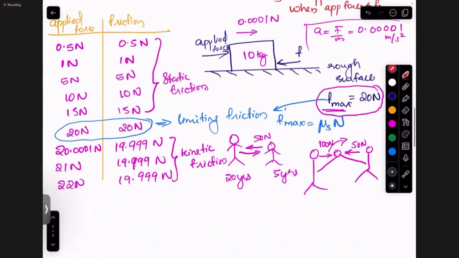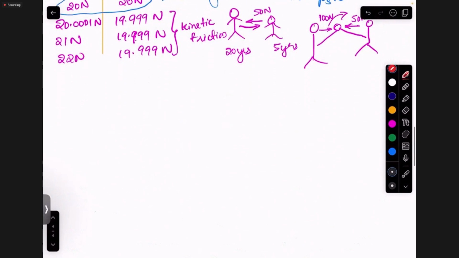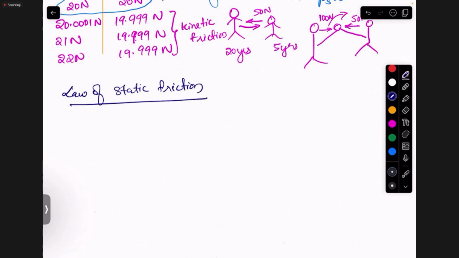Now, the static friction. Law of static friction is that limiting friction is always proportional to the normal reaction provided by the contact surface.